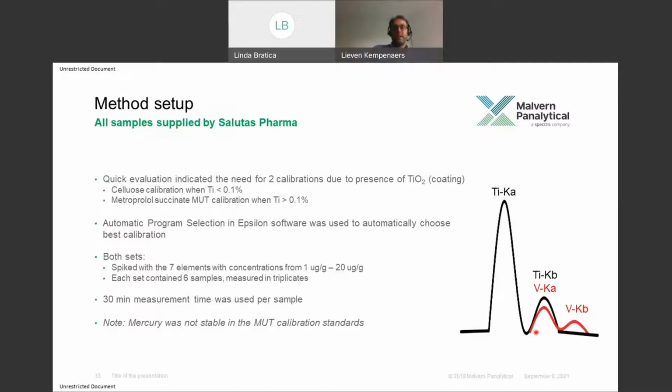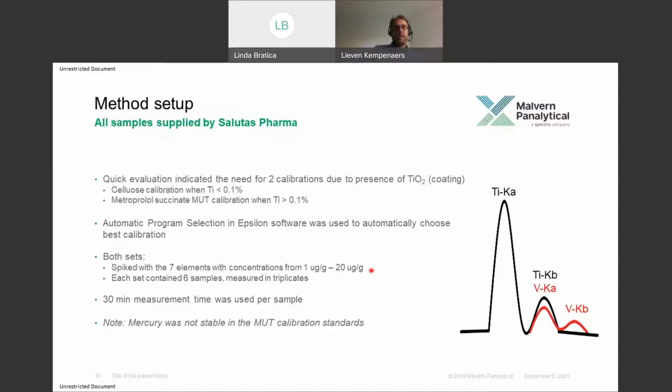But of course, if there is no titanium in the sample, then you can just use the vanadium K alpha peak to determine the concentration of vanadium in the end product. If there is titanium at a high concentration in the sample, then you can switch over to another calibration that is focusing on the vanadium K beta peak, which is freestanding and doesn't give any errors.